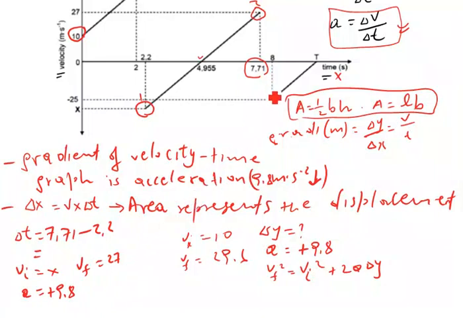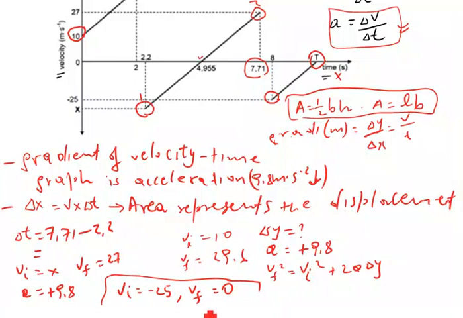Then let's look at this one. This is your initial velocity, this is your final velocity. The velocity here is 0. So the initial velocity is minus 25, and the final velocity is 0.